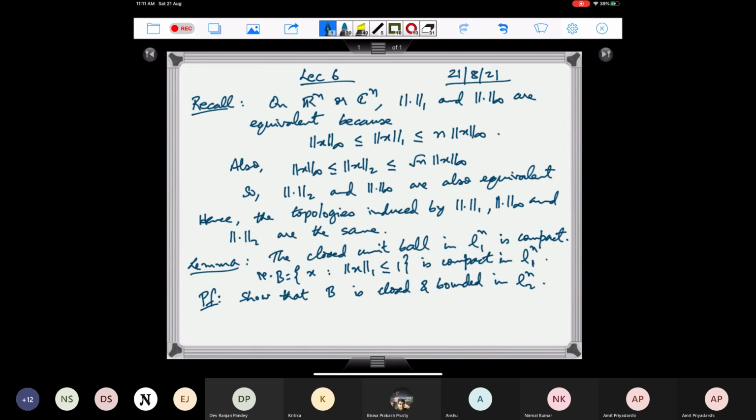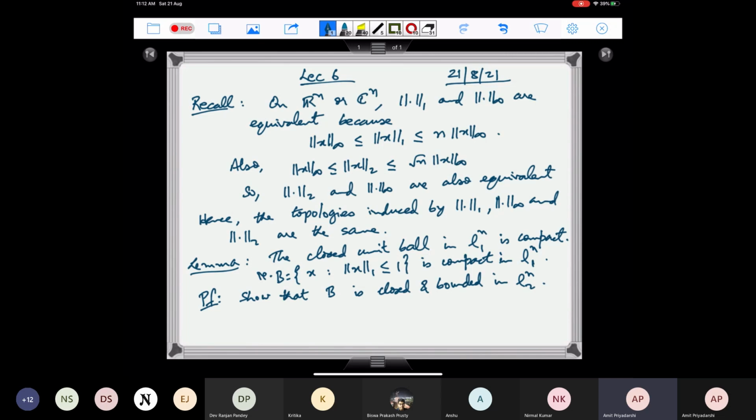Of course, it's a closed ball, so it is closed in that norm. Closed is not a problem because the topologies are the same. For any normed linear space, if we look at the closed ball, that is a closed set, which you can prove in general. So it will be closed in L1n, and that topology is the same as the topology of L2n, so it is closed there also.